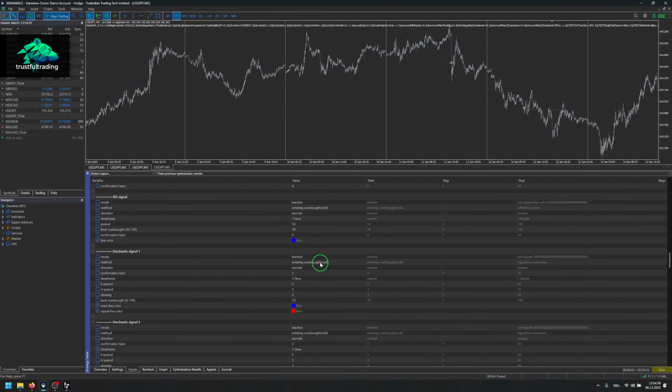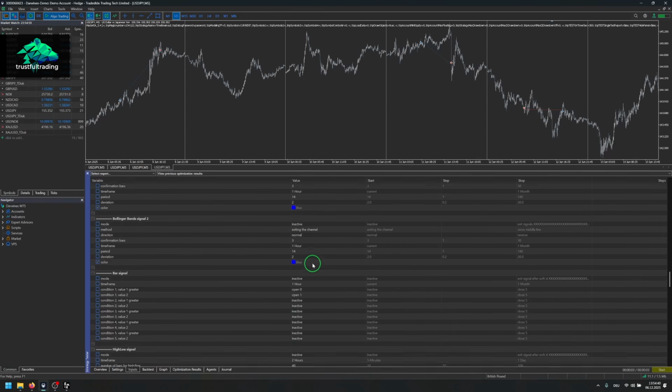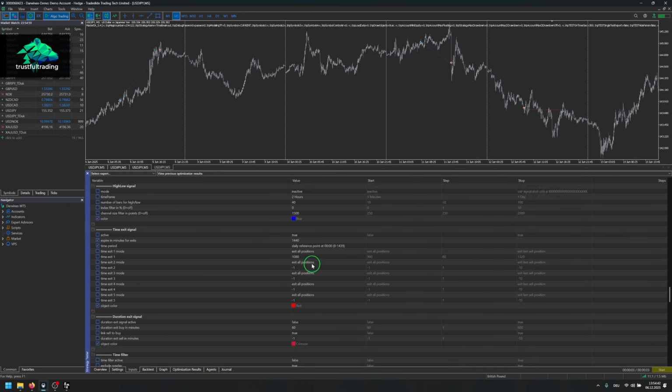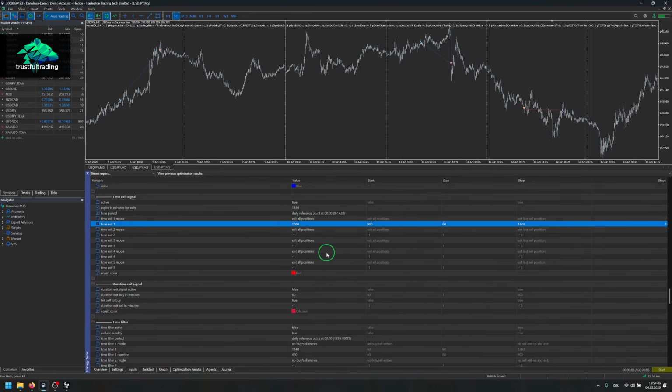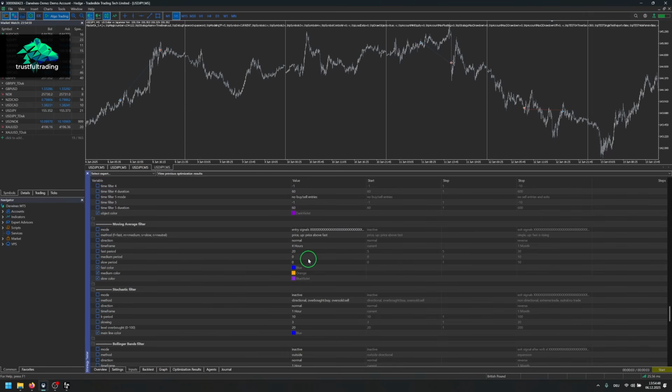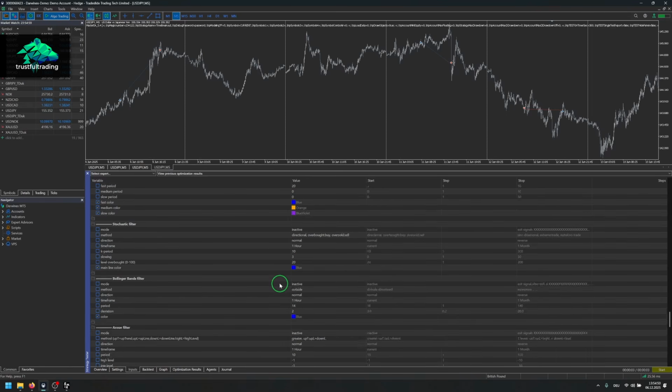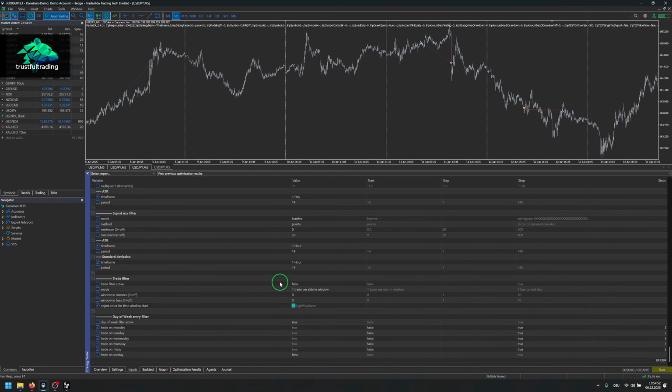Then we can also optimize the time exit here, and we can also optimize maybe the day of week filter. So we just set this to true and false for each day. We have a lot of combinations.